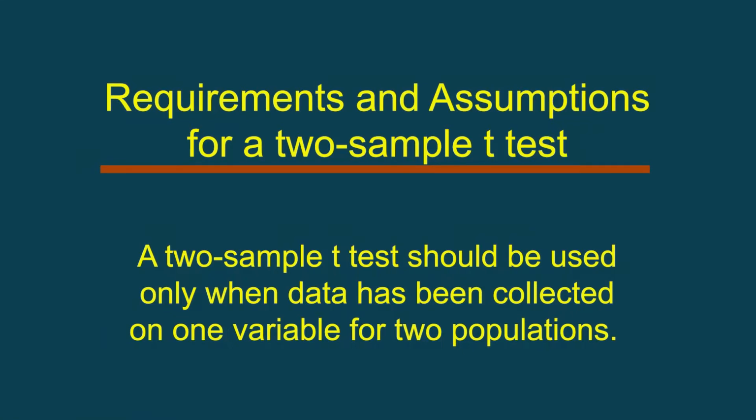A two-sample t-test should be used only when the data has been collected on one variable for two populations. So that means if we collect data on height, we have to collect data on height from two different populations. Similarly, if we want to compare the income figures, then the data on income is to be collected from two different populations. That means there will be a single variable and there will be two populations under consideration.